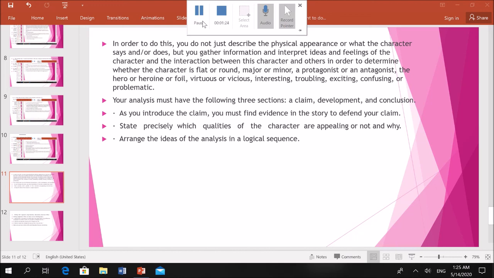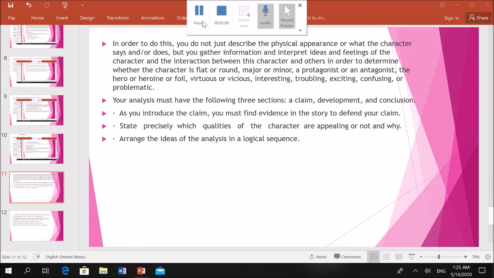As you introduce the claim, you must find evidence in the story to defend your claim. لما باجي أجي أتناول شخصية أدبية، طبعا أنا أول حاجة بكون فكرة عنها، بكتب عن الشخصية دي من وجهة نظري أنا، مثلا بقول الشخصية دي شخصية طيبة أو شخصية شريرة. لازم علشان أوصل فكرتي أو أوضح فكرتي لازم أطلع evidence من الشورت من الستوري اللي عندي عشان to defend my claim. يعني إيه الكلام ده؟ لما أنا بكون مثلا عايزة أقول إن الشخصية دي شخصية مثلا شريرة أو طيبة، بحاول أطلع evidence، بحاول أطلع يعني دليل من العمل الأدبي يقول أنا جبت الكلام ده منين؟ أنا قلت ليه على إنها شخصية كويسة أو شخصية شريرة and so on.